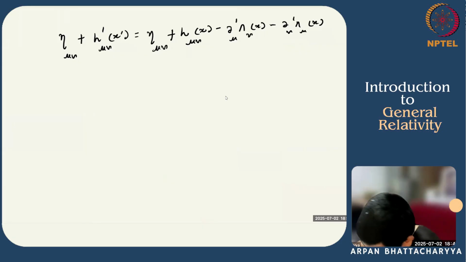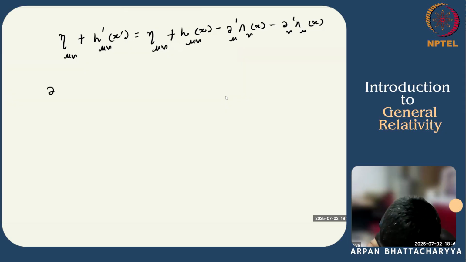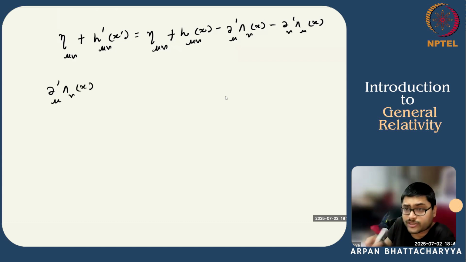So before concluding, let's look at these. What are these terms? One of these terms you can have, but this is a derivative with respect to the prime coordinate, right? X prime, but x prime is related to x plus capital lambda.